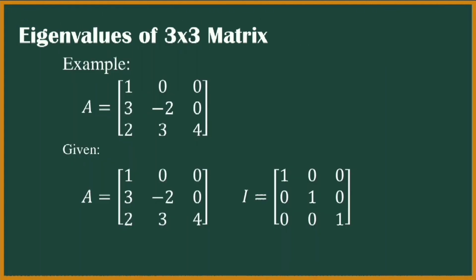So let's have an example of eigenvalues of a 3 by 3 matrix. So we have matrix A with elements 1, 0, 0, 3, negative 2, 0, 2, 3, 4. And then the identity matrix, you have 1, 0, 0, 0, 1, 0, 0, 0, 1.